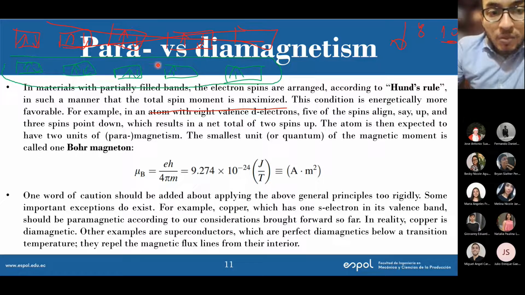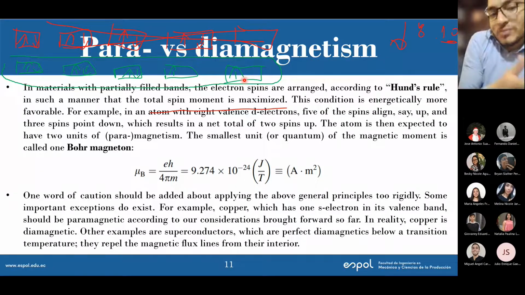But here I only have one spin up, and here I have another spin up. So I have two net spins going upwards. Then I have a net magnetic moment, and therefore I have two units of magnetism, and this will be paramagnetism.